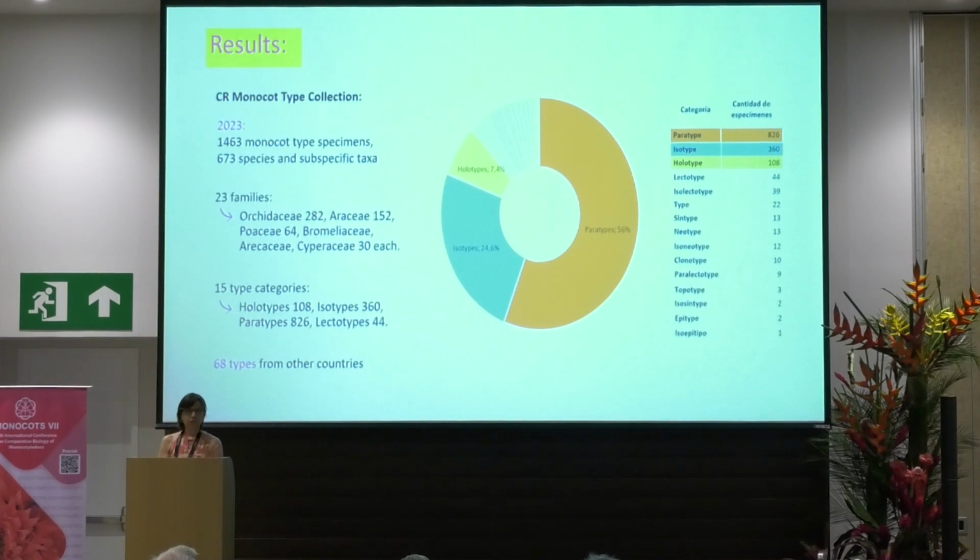And I am not judging, it's just data. That's the real thing. So that is why in the herbarium, the paratypes are also important to locate, because sometimes they are the only specimen type category that we have, and it's important for the people to know that they can be the reference for their study.